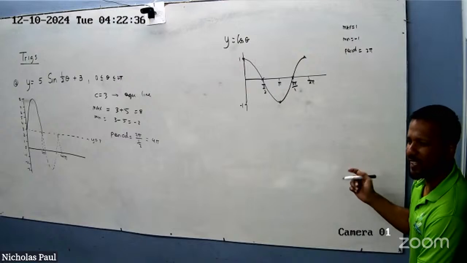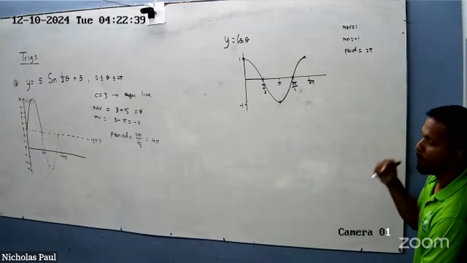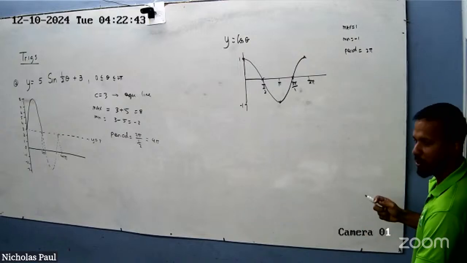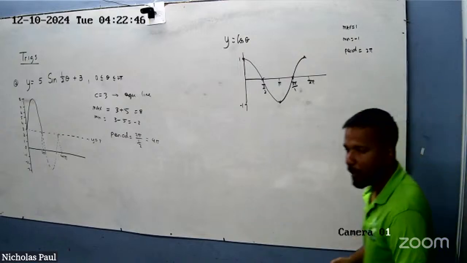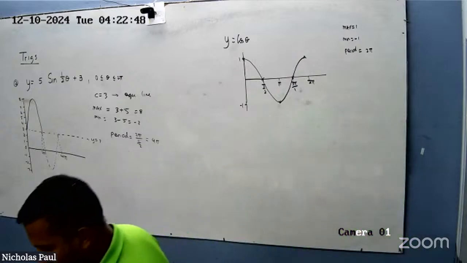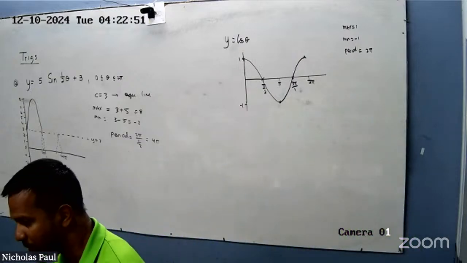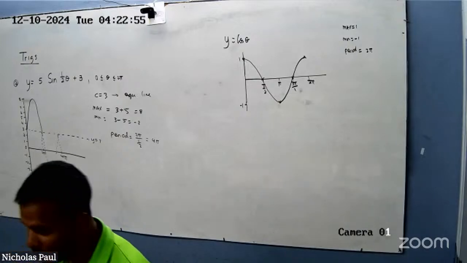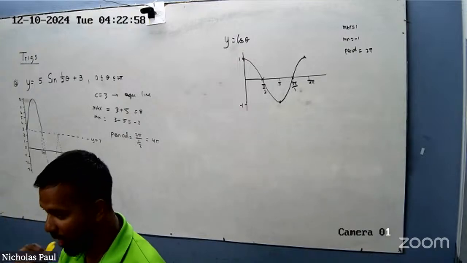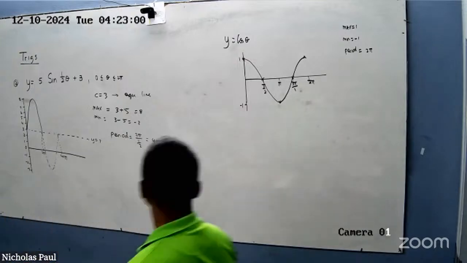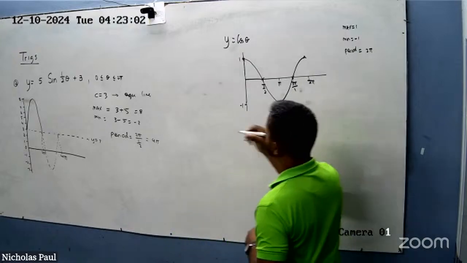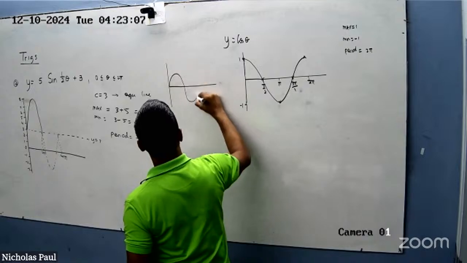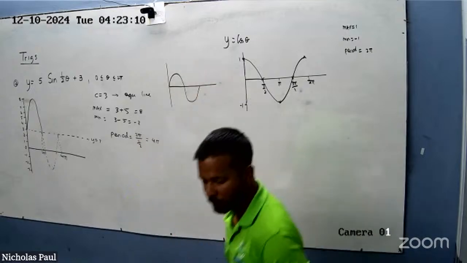Anybody recognize what I have to do to make the cos graph look like this sine graph? I'm going to see if you remember all the transformations.